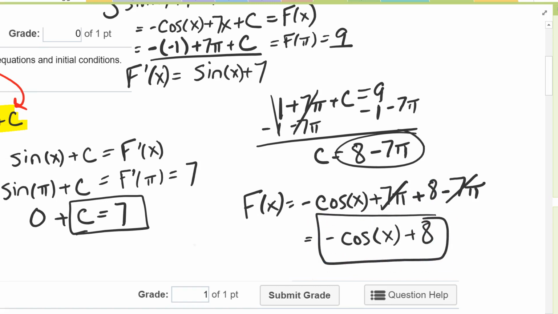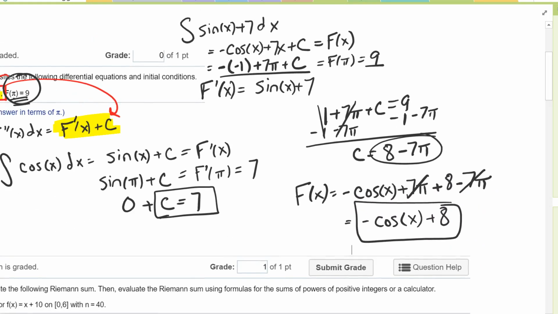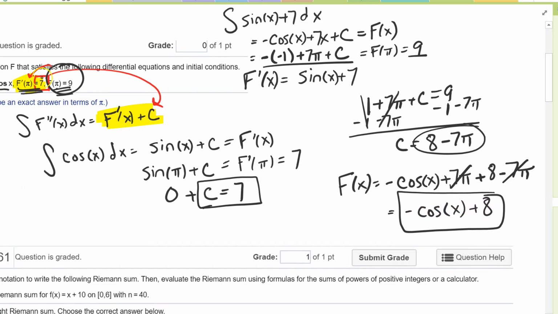And you can check yourself by plugging in pi. So if I plug in pi here, I would have minus minus 1, so that'd be positive 1 plus 8, which is 9. If I take the derivative, then I would have sine.